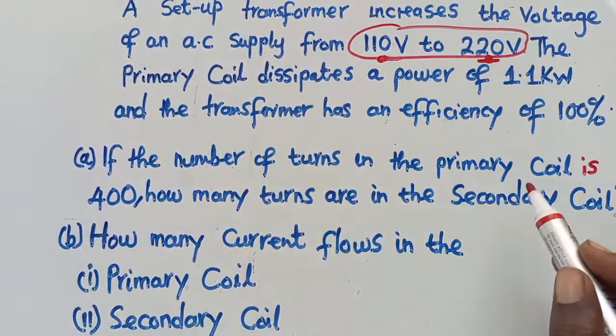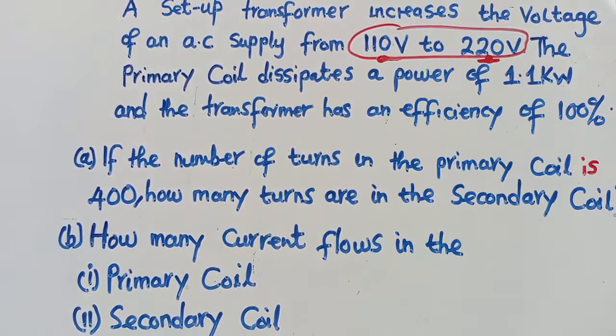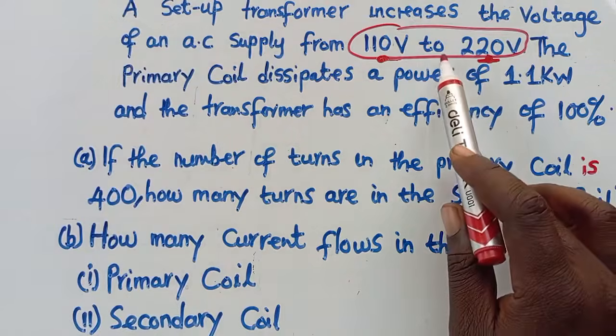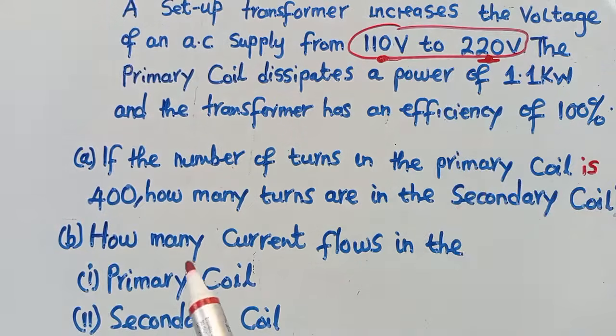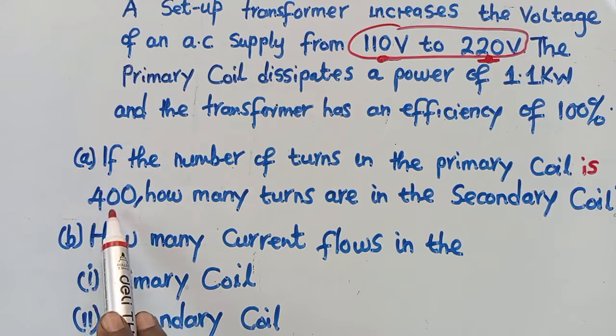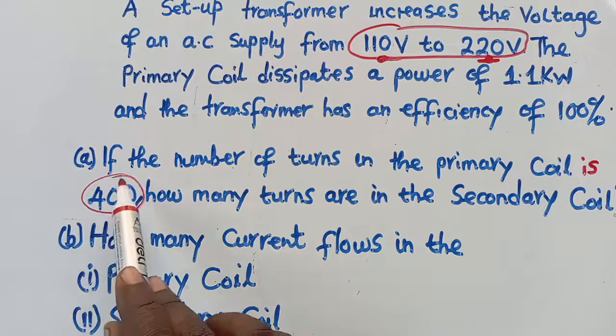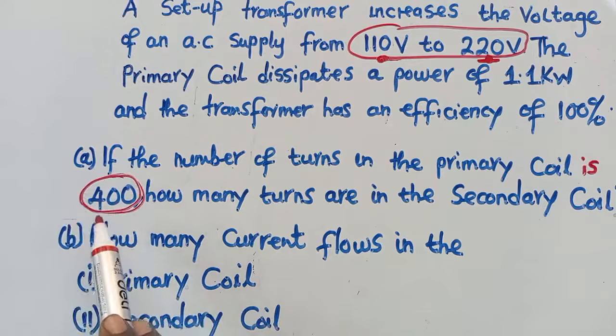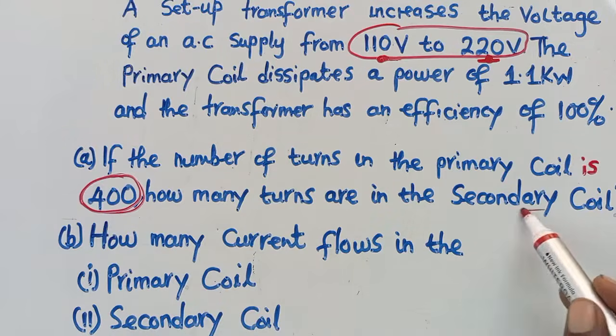To answer this question, you need to know which formula you are going to use. This is the first thing you need to ask yourself. If you are given voltage and you are told to find the number of turns, have you seen here? They are telling us to find the number of turns. We've got the turns in the primary, and now I want to find the ones in the secondary.